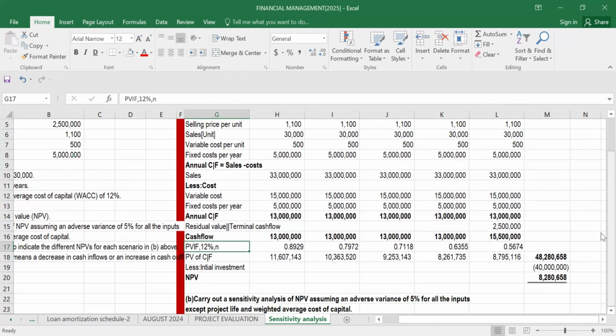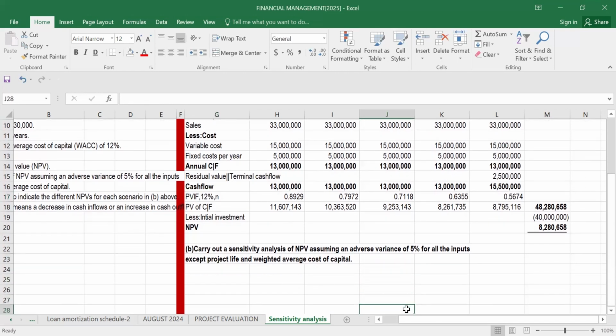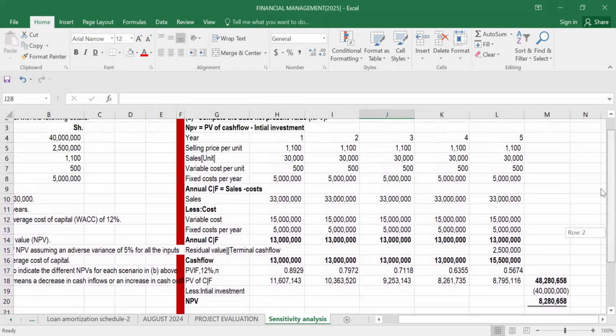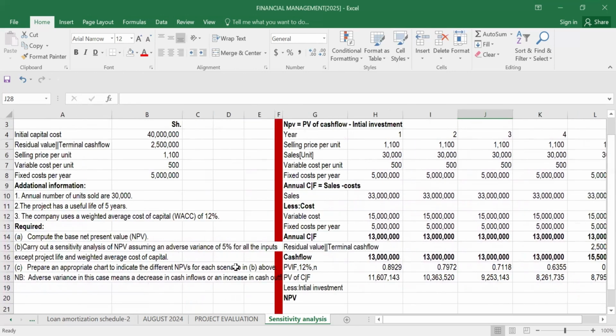We compute a new NPV, assuming that there will be adverse variance of 5% of all inputs. Now, for us to be able to do that, we always start with the base case. Remember whatever we have computed up here, this is the NPV for the base case. That's what we are actually told in Roman 1.